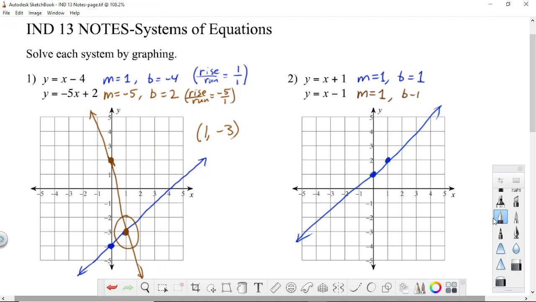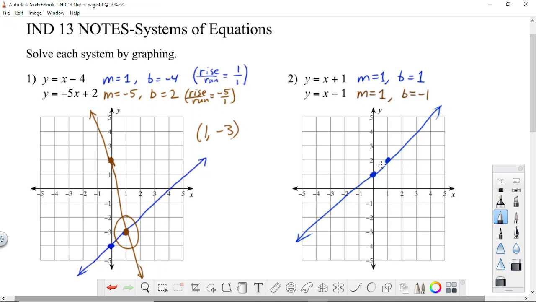Okay, and then we look at the other one. Let's see, I didn't write this intercept down correctly. Should have said intercept equals -1.